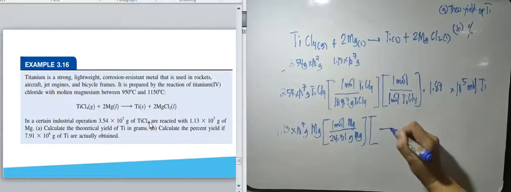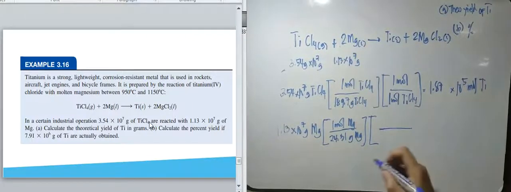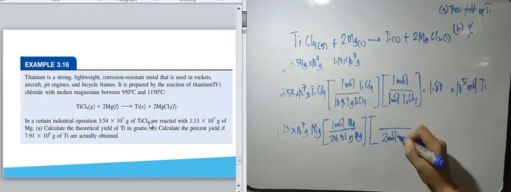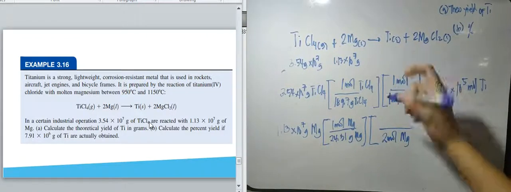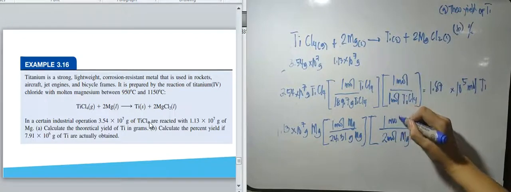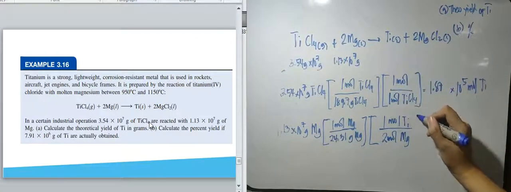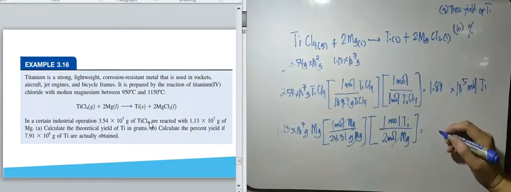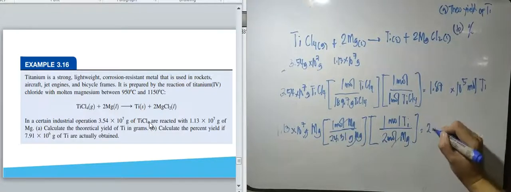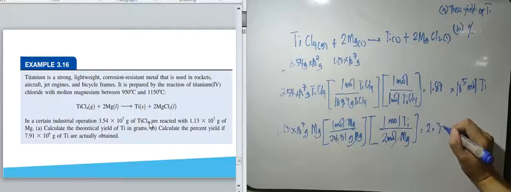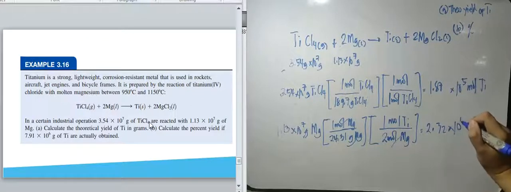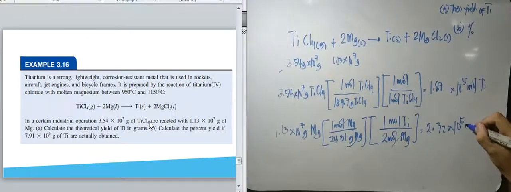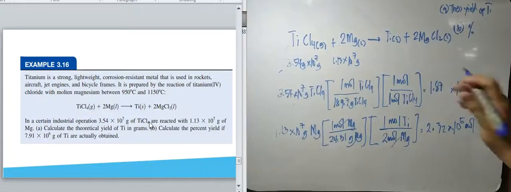And we have here 2 moles Mg, 1 mole of titanium. So cancel, cancel, cancel, cancel. We have 2.32 times 10 raised to 5 moles of titanium.